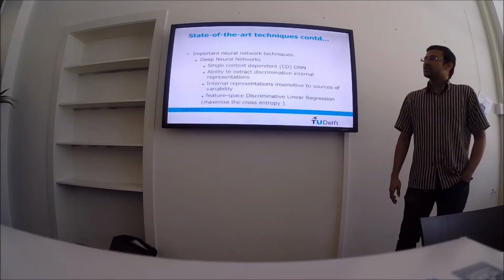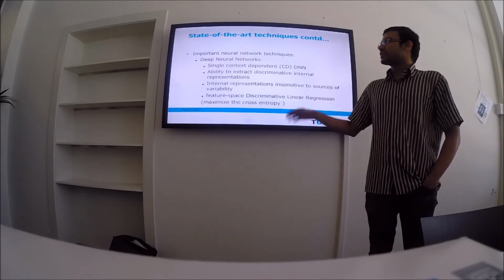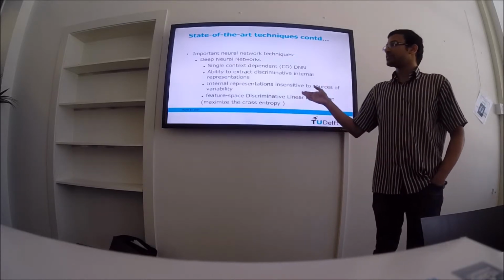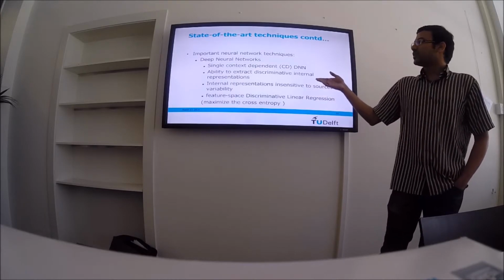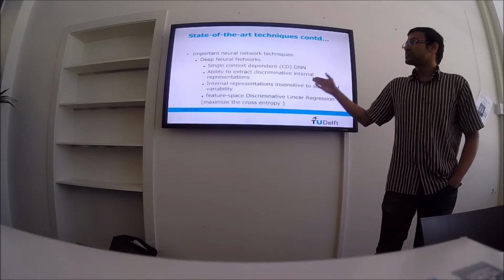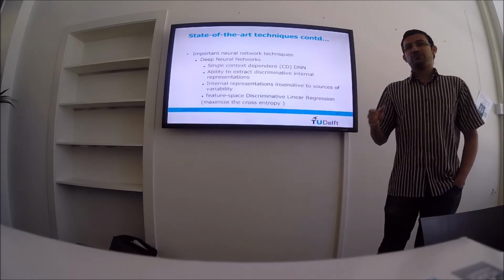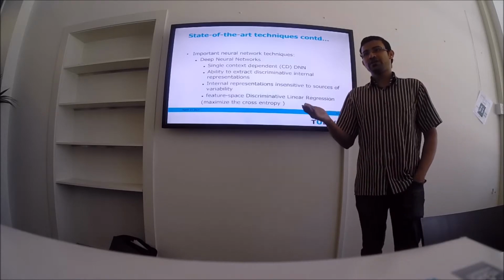This is the final set of methods, called the neural network techniques, and there are two kinds of neural networks. These are context dependent neural networks, and they have the advantage that they are not using the GMM-HMM, which is the Gaussian model based technique.